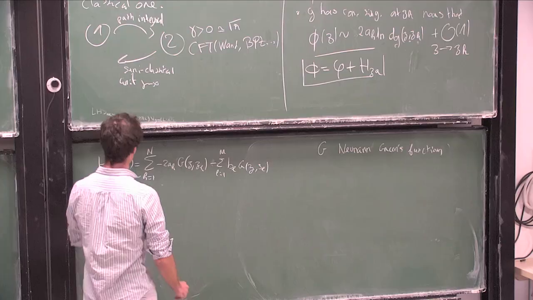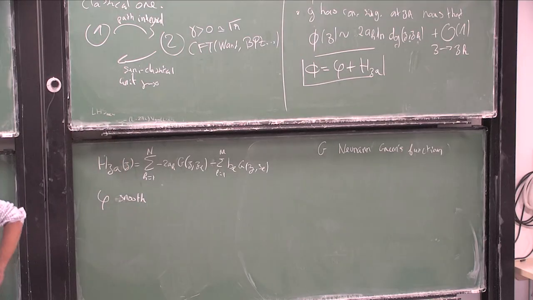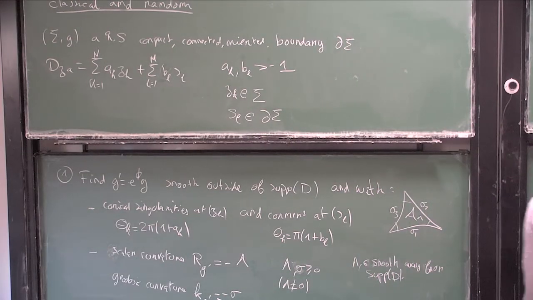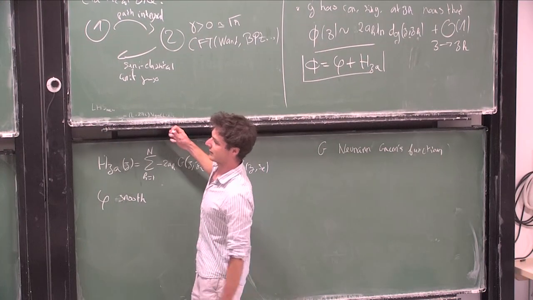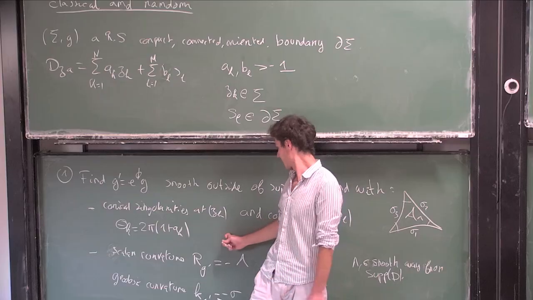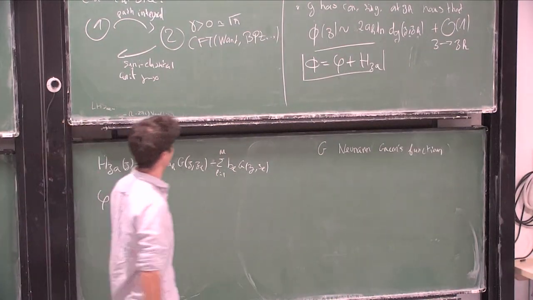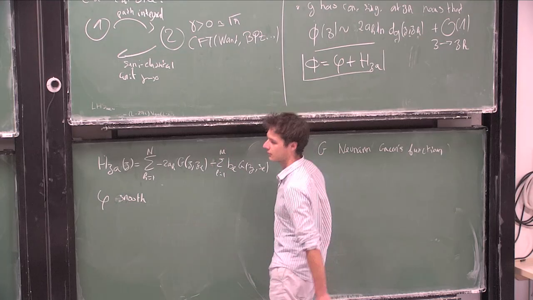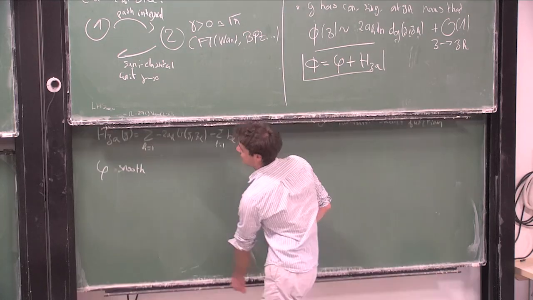Okay, I have this as follows. Now I want to transform it into something which I can really solve. So what does it mean for this metric g prime to have this curvature and the geodesic curvature given by minus lambda on the bulk and minus sigma on the boundary?